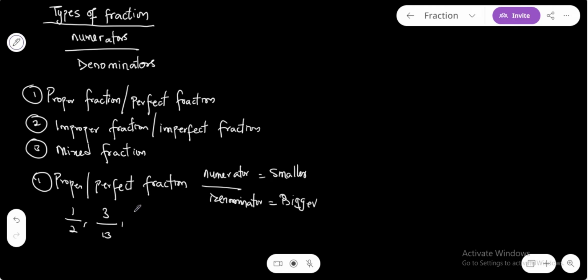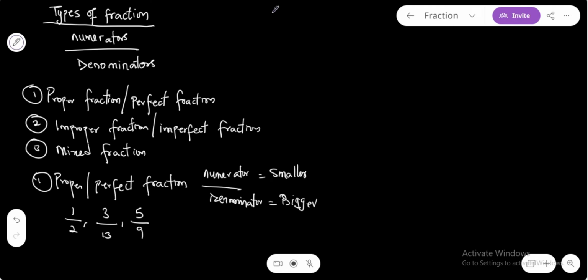Another example, 5/9. 5/9 is clearly a proper fraction, right? Because the numerator is smaller than the denominator. You can list as many other proper fractions in the comment section, and I'll be there to tell you whether you're correct or wrong.